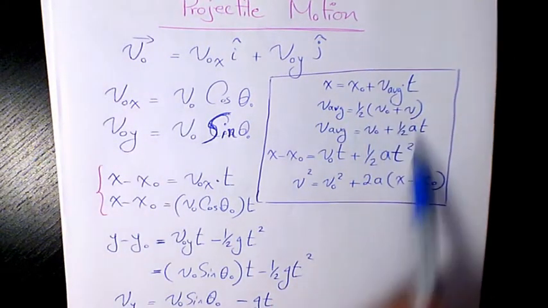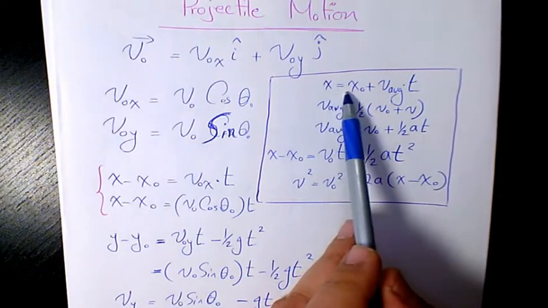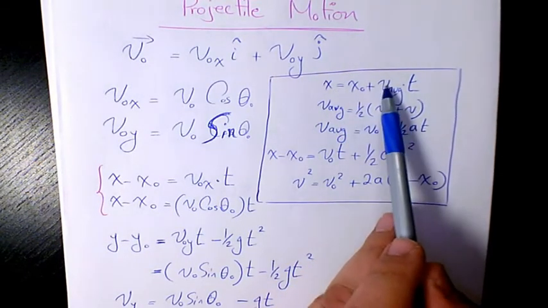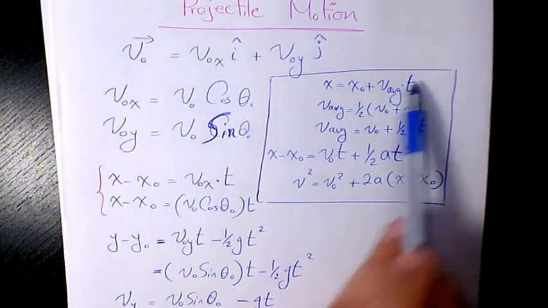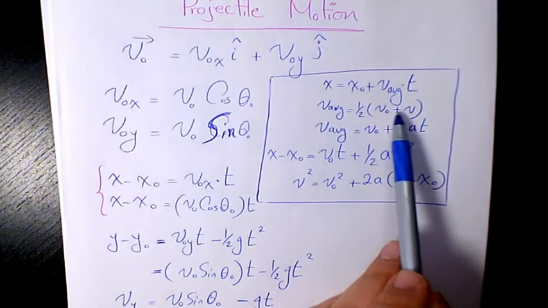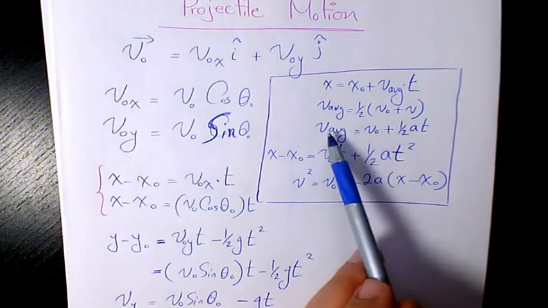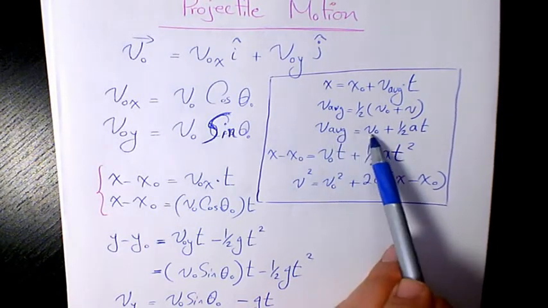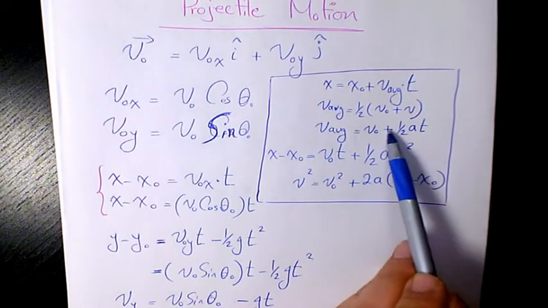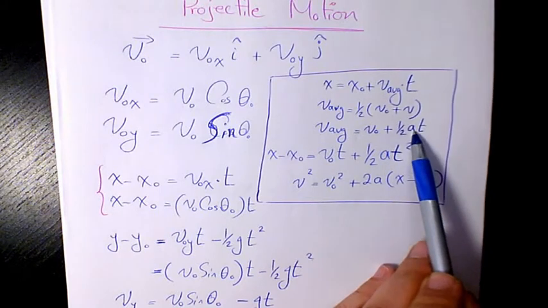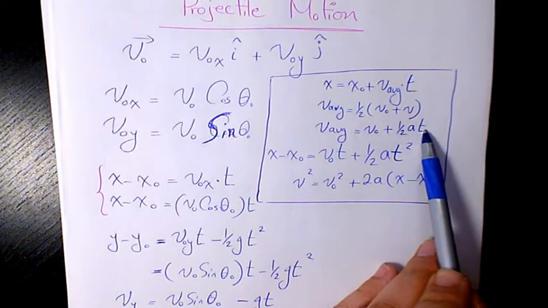We had these equations before: x equals x naught plus average velocity times t, and average velocity is v naught plus final velocity divided by 2. When you substitute, you get v average equals v naught, the initial velocity, plus 1/2 acceleration times time.